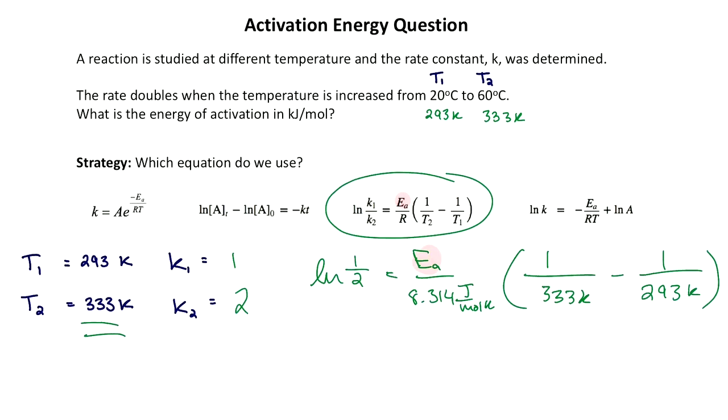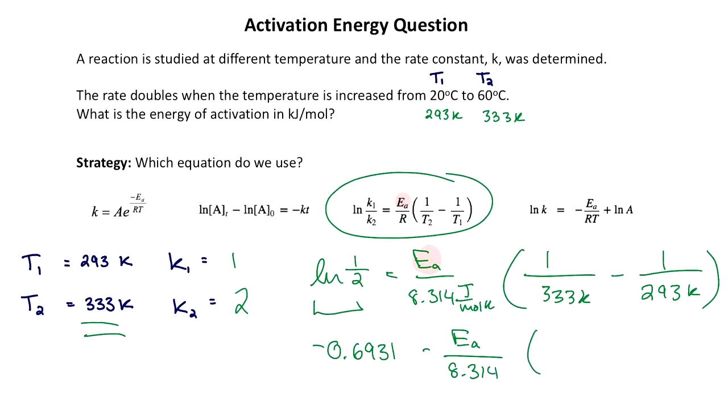If you do this side of the equation, you get negative 0.6931 equals, and I'm just going to do all this math here, including that 8.314 in the denominator. So EA over 8.314.